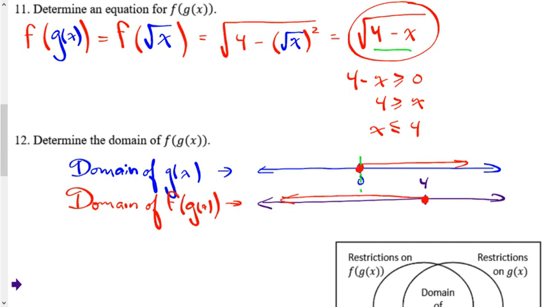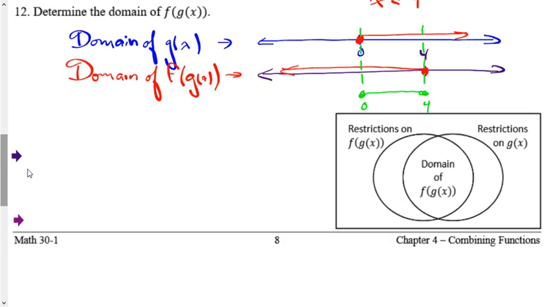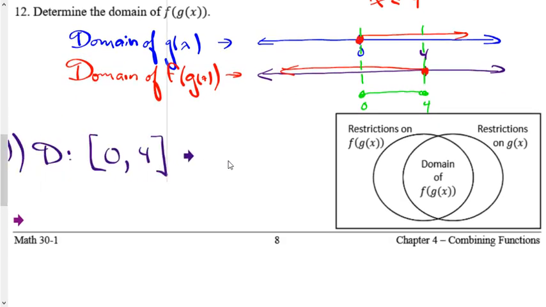I need to look at this overlapping section, and I can see from here up to there. So my x values can be between 0 and 4, including those endpoints. So I have that limited domain. Here's what I get for the actual domain of that composition of functions.